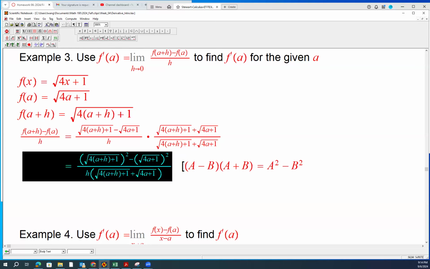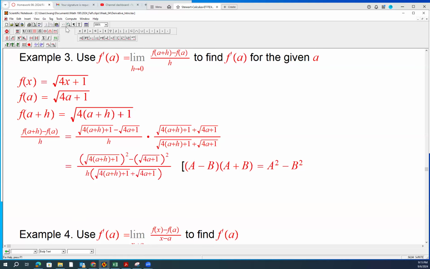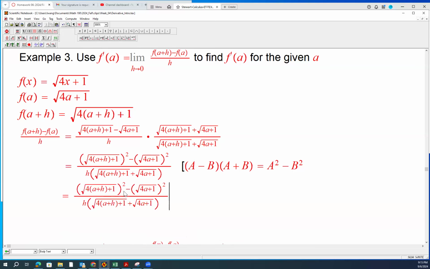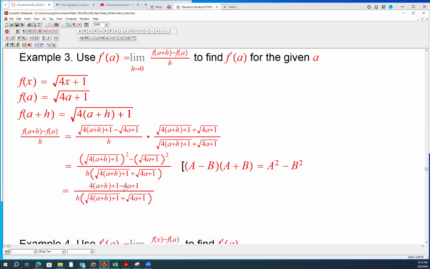And then this piece, because this is a root of something squared, we can just drop that. And this is a root of something squared there. But don't forget, we should have parentheses here.